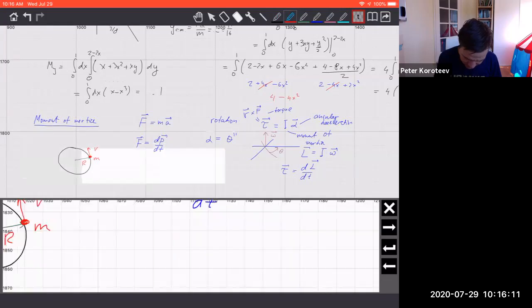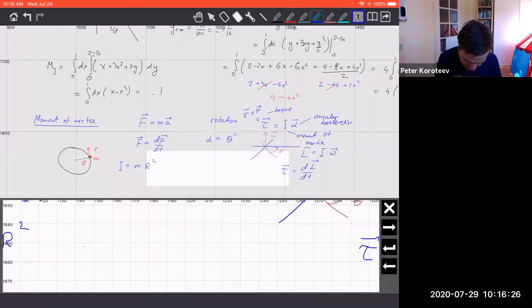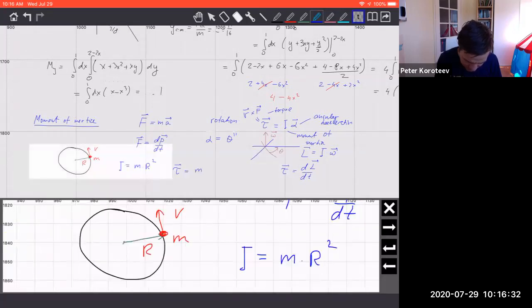Here its moment of inertia is equal to m times r squared. Then let's just check that the formula works.